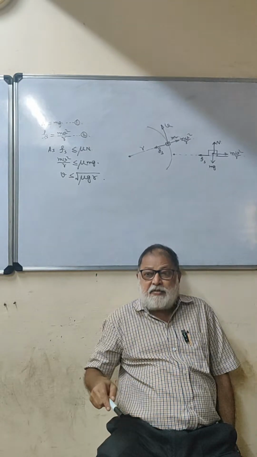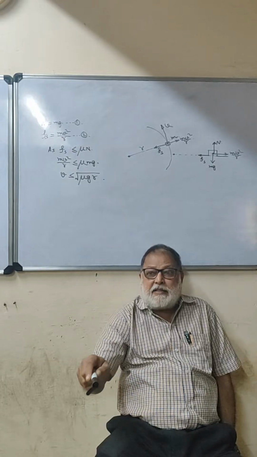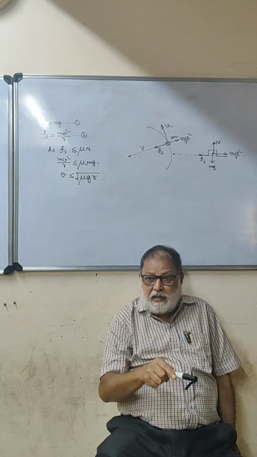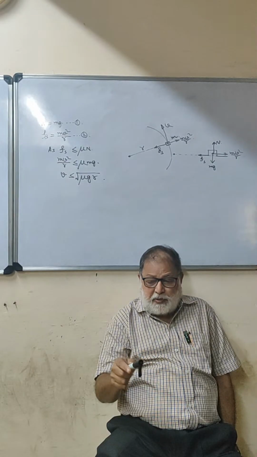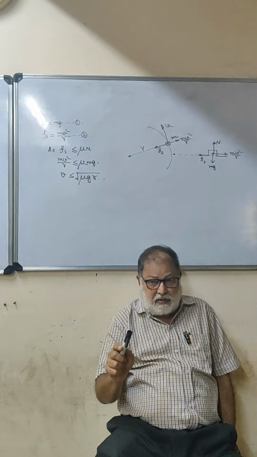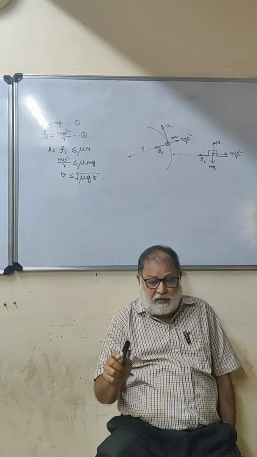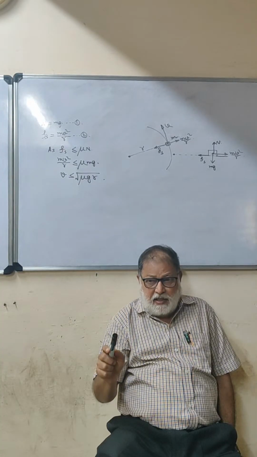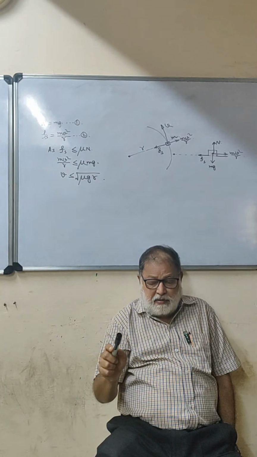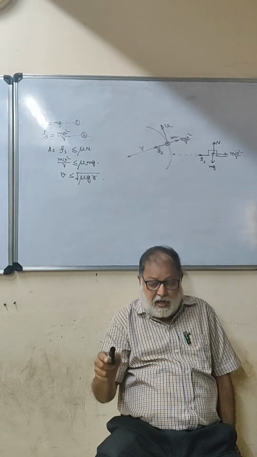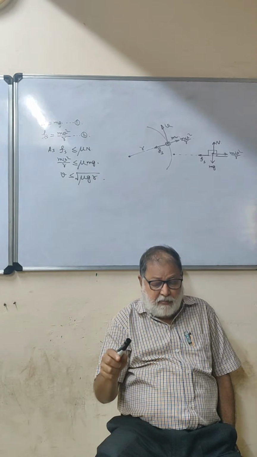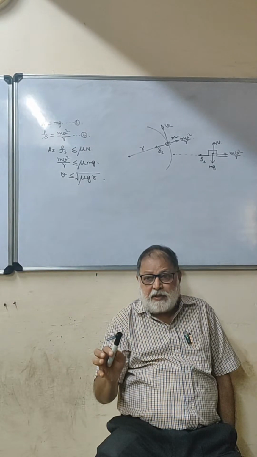When the turn is very wide, radius is large. Radius of curvature is inversely proportional to the curvature. Mind that. Small curvature means large radius. Large curvature means small radius.